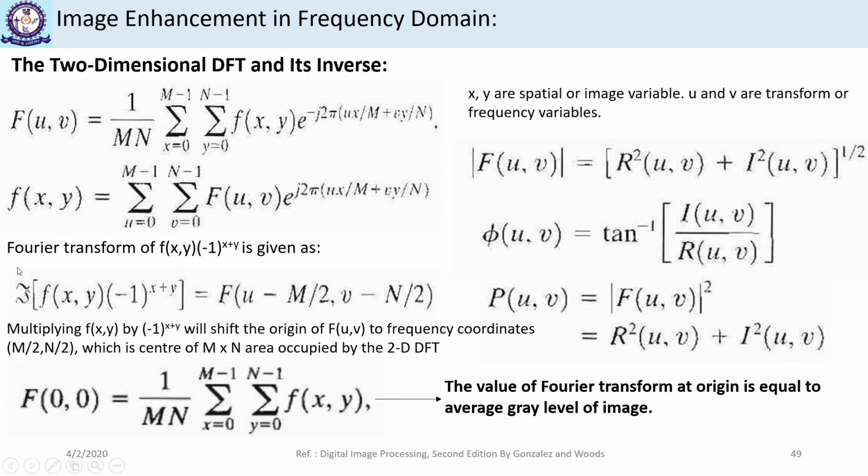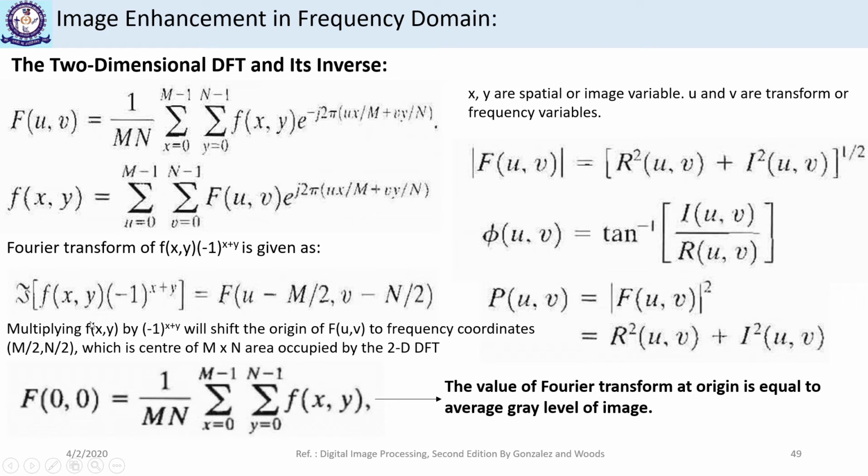Now if I want to find the Fourier transform of this signal, that is f(x,y) multiplied by minus 1 raised to the power x plus y, its Fourier transform will be given by F(u minus m by 2, v minus n by 2). So F(u,v) is the Fourier transform of f(x,y), and the Fourier transform of f(x,y) multiplied by minus 1 raised to the power x plus y would be F(u minus m by 2, v minus n by 2).